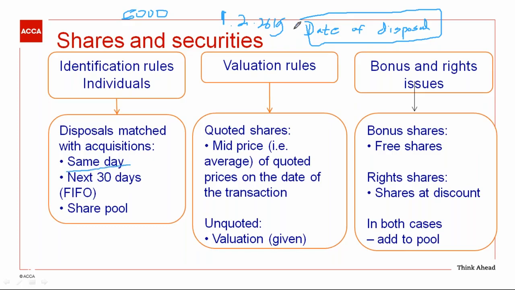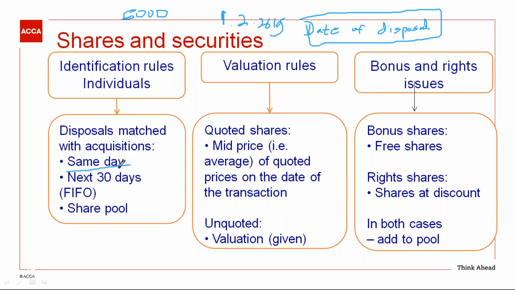Check whether you have bought shares on the same date of disposal, and we have to assume we have sold the same shares on the date of disposal. There can be a situation of buying and selling on the same date of disposal. So the first assumption is to assume that we have sold shares on the same date of disposal. These are assumptions.